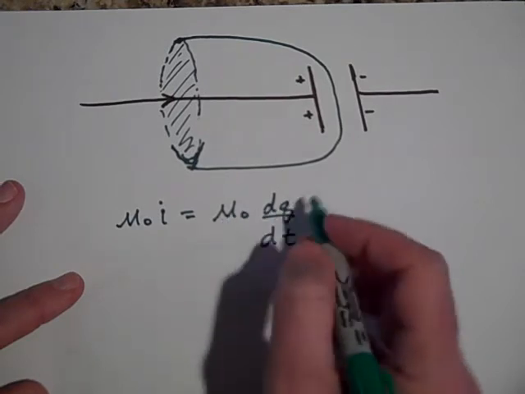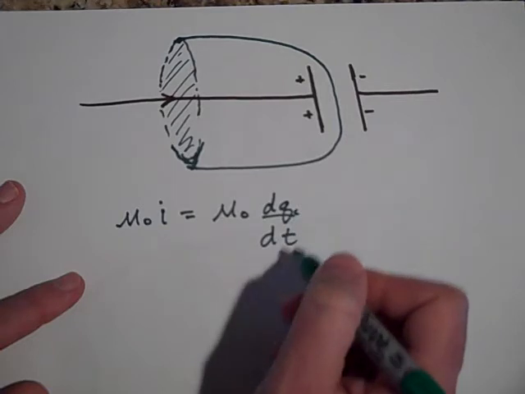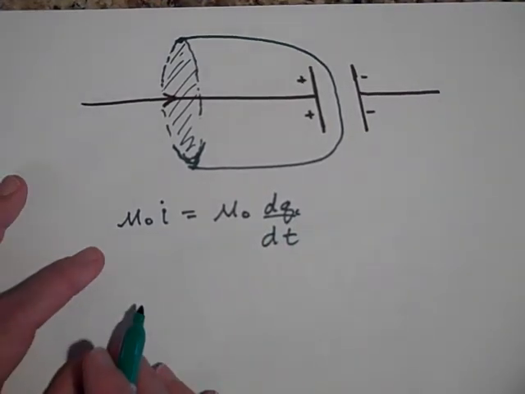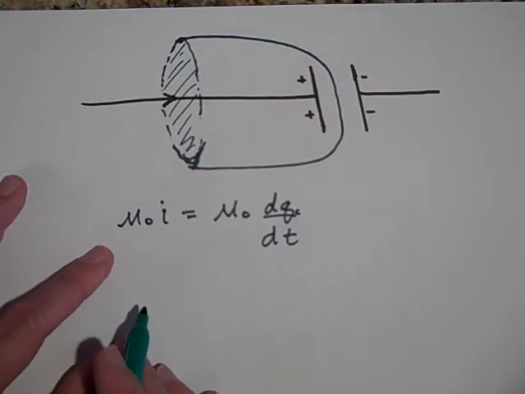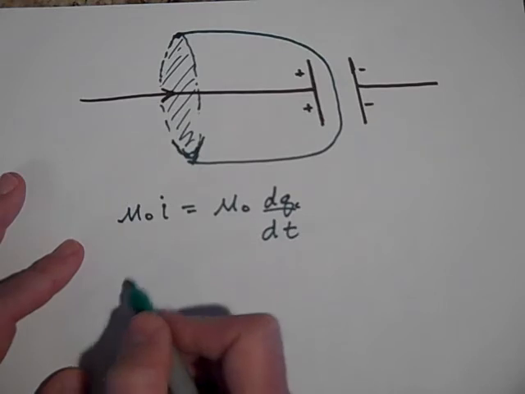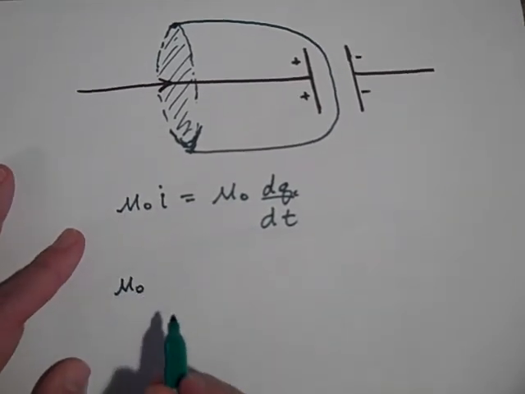We're going to say that mu naught times the change in charge on the capacitor over time is also current. And so what we're going to do with that then, again going with the left side of Ampere's law, I threw this mu naught in here because that's on the left side of Ampere's law.